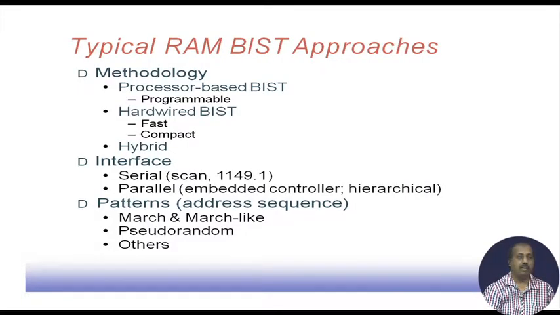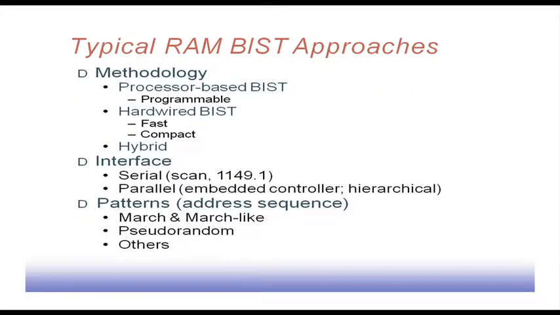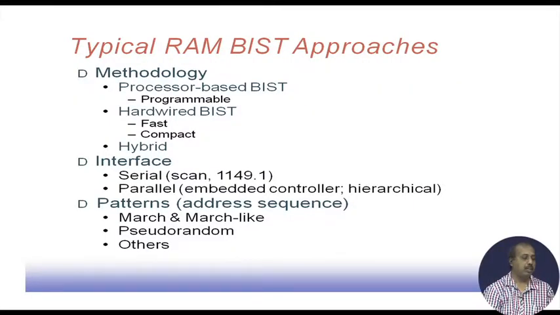Then hardwired BIST. Hardwired BIST will be faster than the normal processor based BIST, because the software part is not there. So, it is fast and compact. And hybrid is a mix of these two, where some part is hardwired and some part remains in the processor. Then the interface, whether it is a serial scan or 1149.1, the boundary scan technology, or parallel.